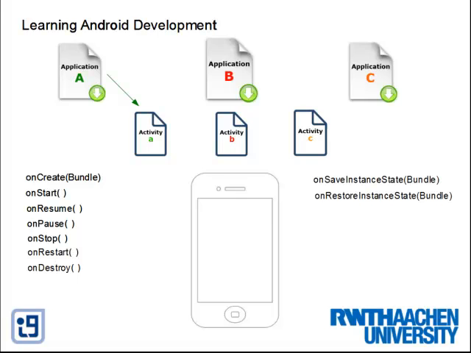These methods are onCreate, onStart, onResume, onPause, onStop, onRestart, and onDestroy. Besides these methods, onSaveInstanceState and onRestoreInstanceState are used to save the current state of the activities and to restore the previous state of the activity.